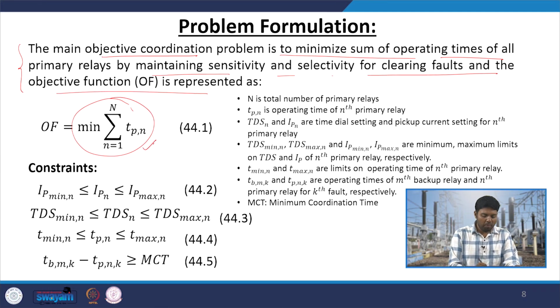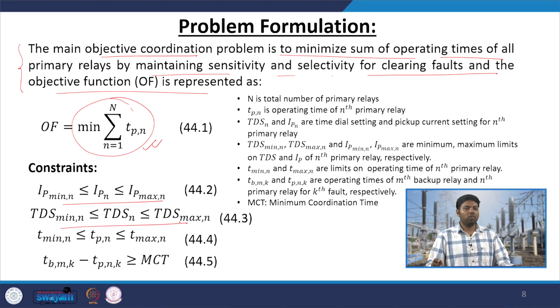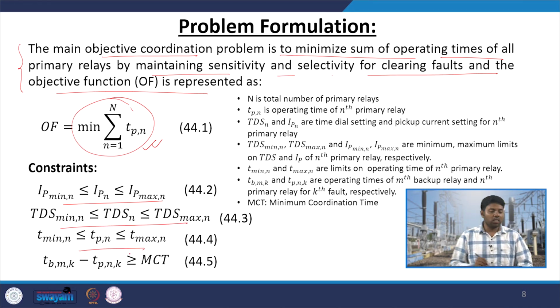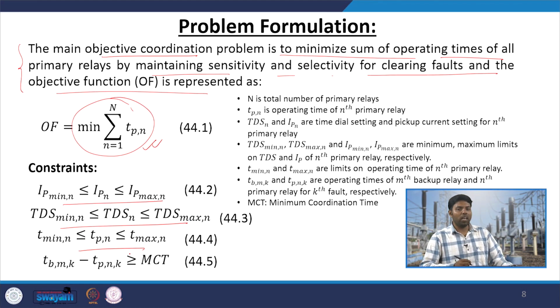So, this will minimize the total primary relay operation time, keeping your pickup current within its minimum and maximum value. Your TDS should also be within its minimum and maximum value. Your time of operation of the primary relays should also be within the minimum and maximum value.